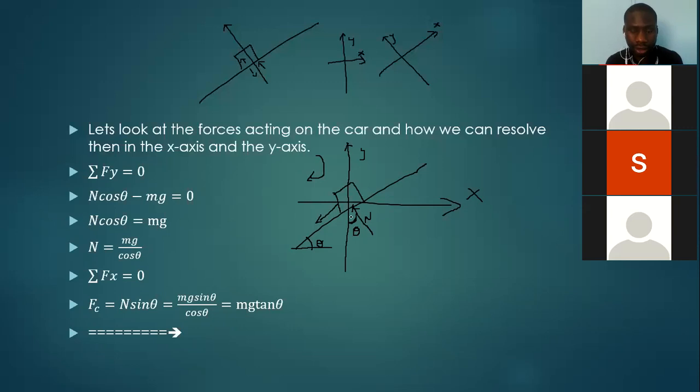Also, we have the weight of the car or whatever object it is pointing in this direction. We have our friction force, and also we have our centripetal force pointing in that direction. So if we want, we can use this same Cartesian plane because it is convenient for us.